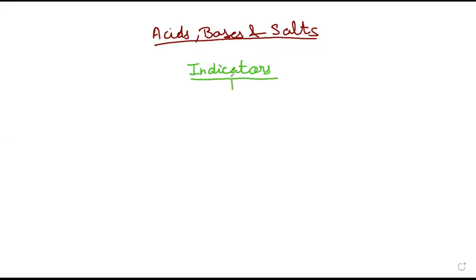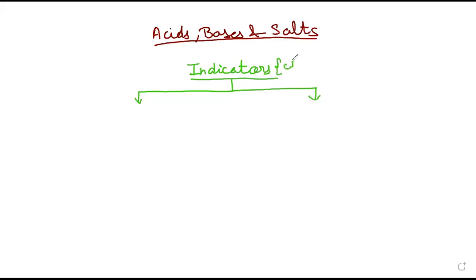So dear children, you have to remember this. Why are we using indicators? Because we are not able to taste all the acids and bases, because we cannot detect all the acids by their taste. They are sour in taste, so that is acid, bitter in taste, so that is base. So what are indicators?